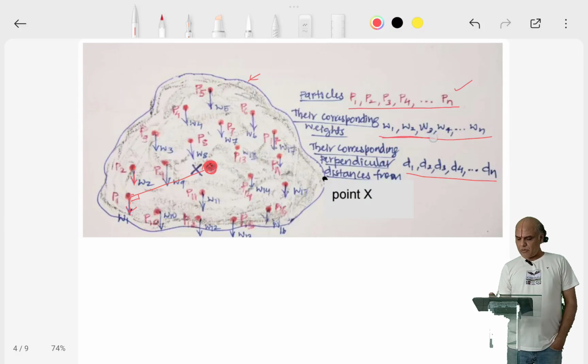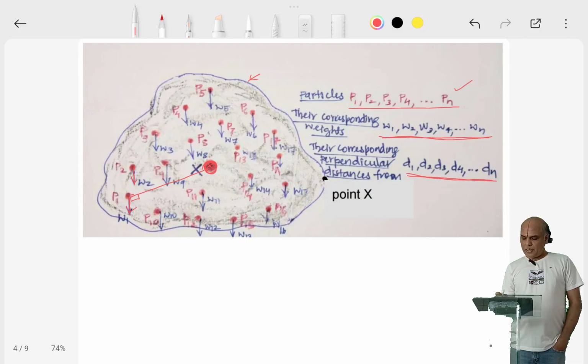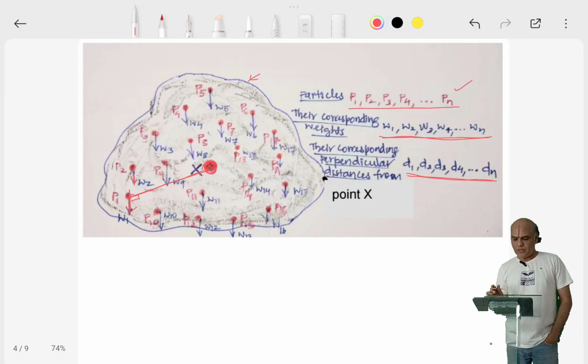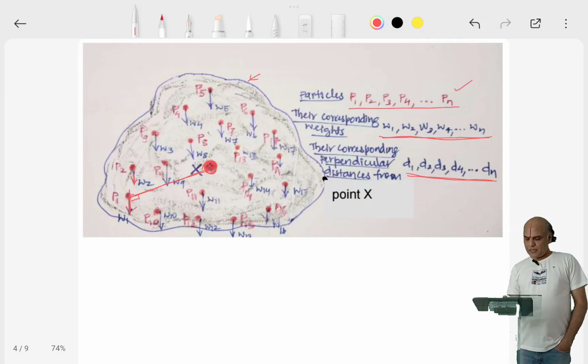Let W1, W2, W3, W4, so on until Wn be the weights corresponding to these particles. Let D1, D2, D3, D4, so on be the perpendicular distance of the line of action of weight from the point x for each particle. Okay, clear?